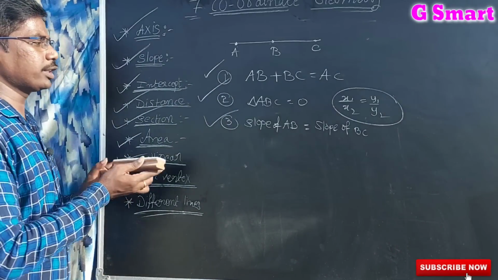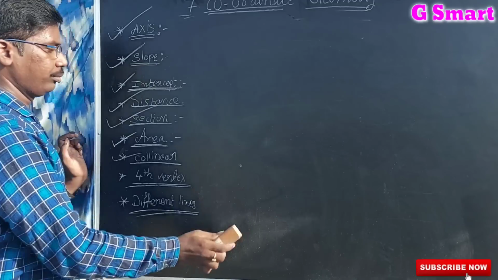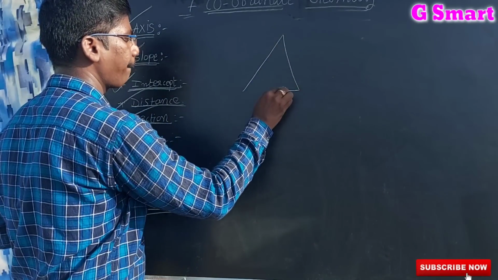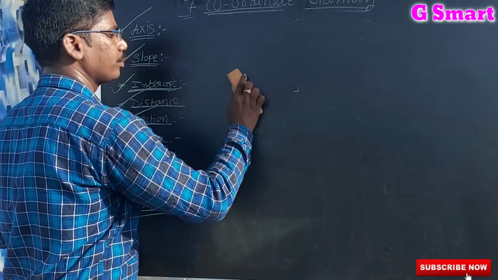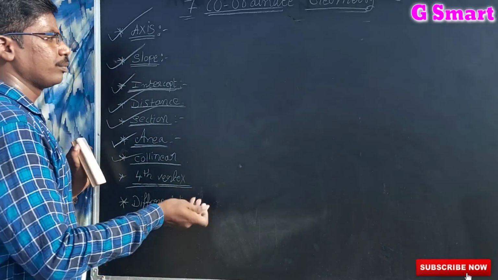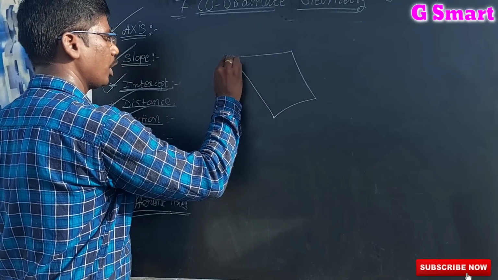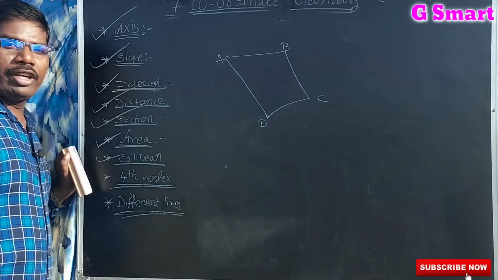Next, fourth vertex. So what does the fourth vertex mean? See here. A, B, C, D are the vertices of the quadrilateral.